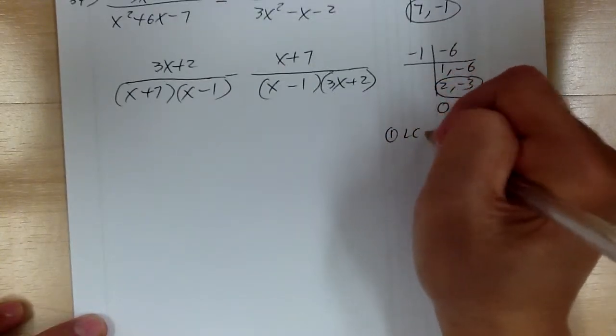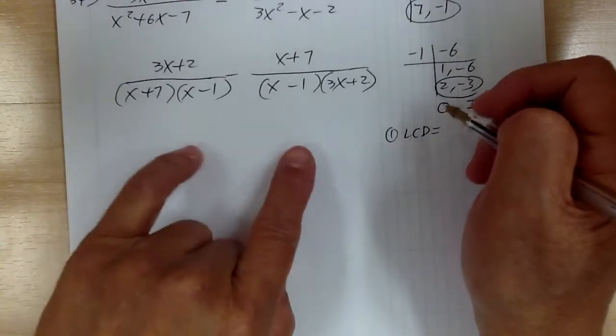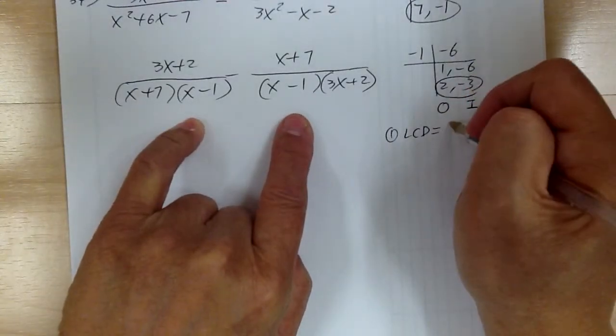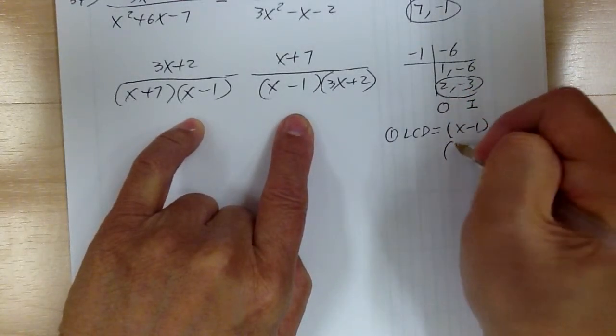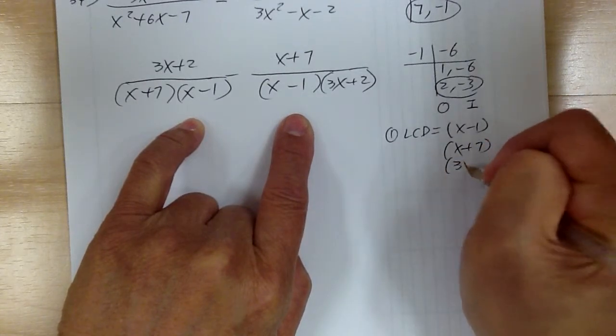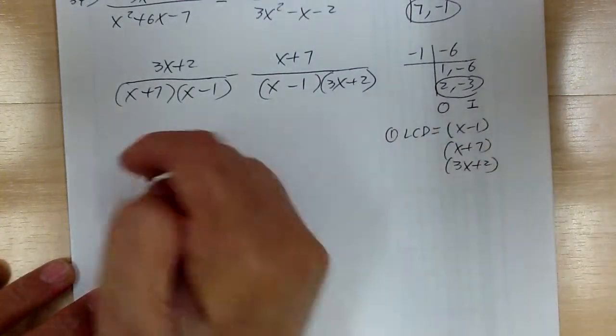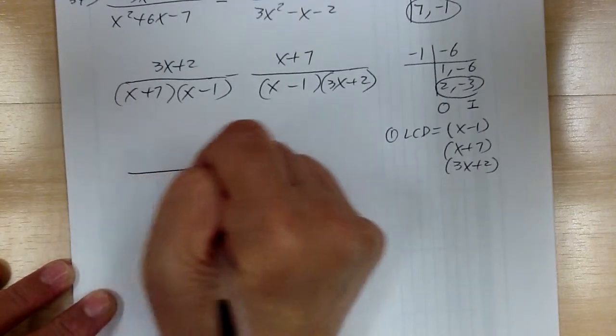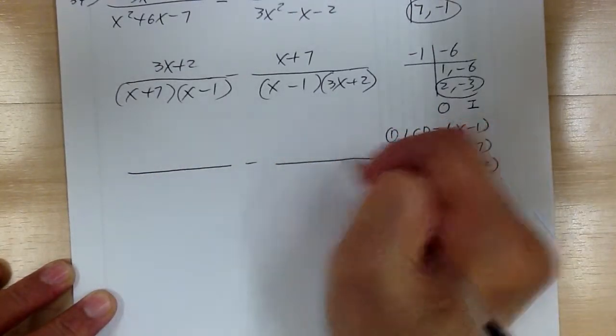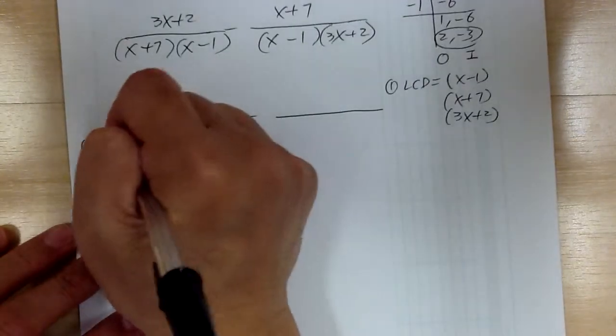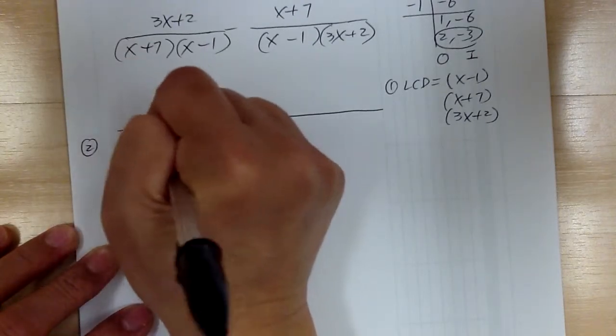So step 1, LCD. Okay, so you're going to have x minus 1, x plus 7, and 3x plus 2. Okay, so let's go and get our LCD. So it'd be x minus 1, x plus 7.